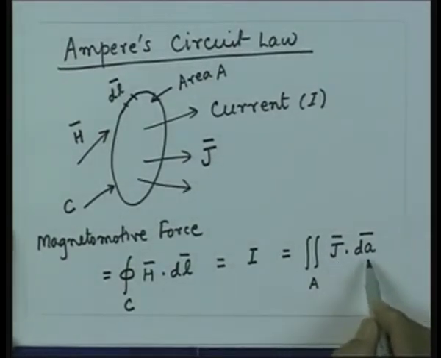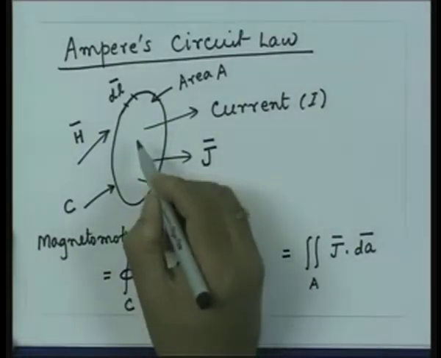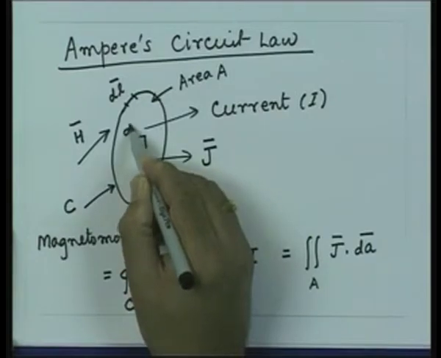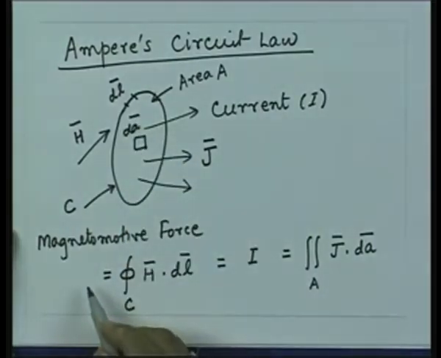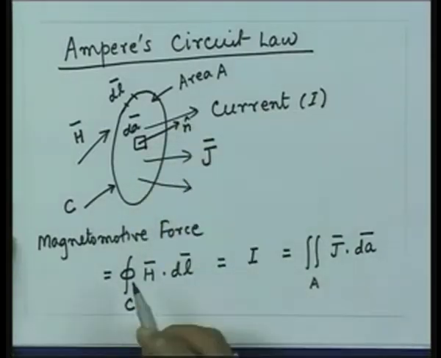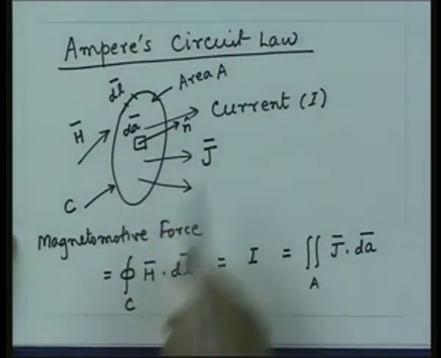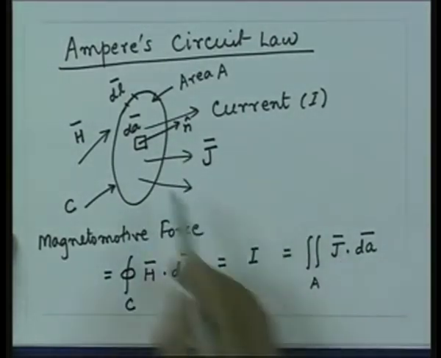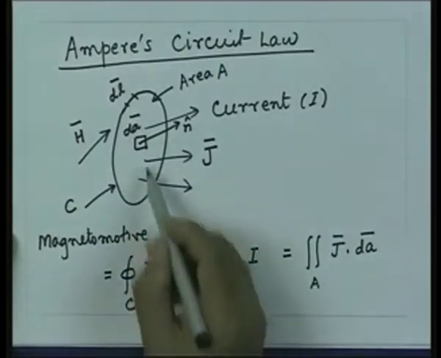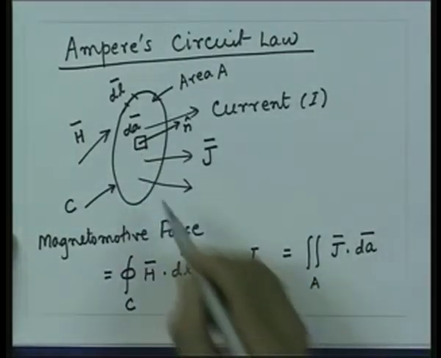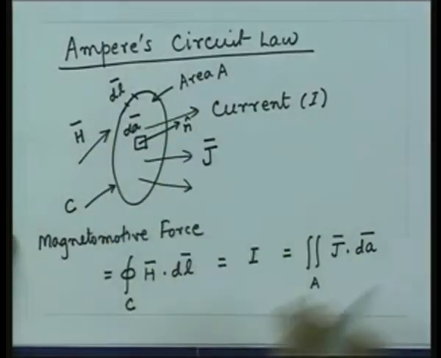So, J dot dA gives me the current flowing through a small area dA. This is the direction of the area normal N, and that is the direction of J. So, J dot dA gives me the current flowing perpendicular to that area at this location. If I add up all those currents, that gives me the total current enclosed by this loop.